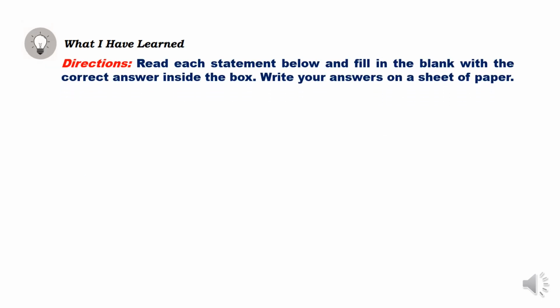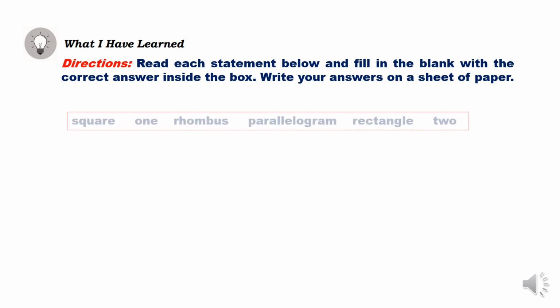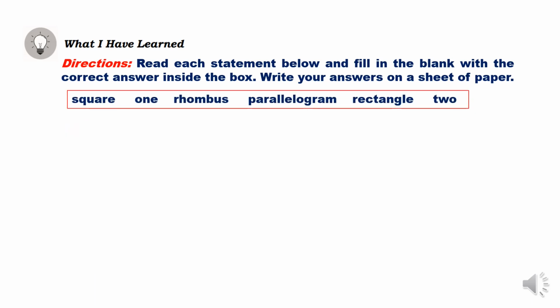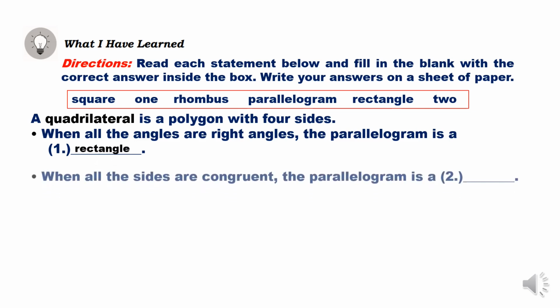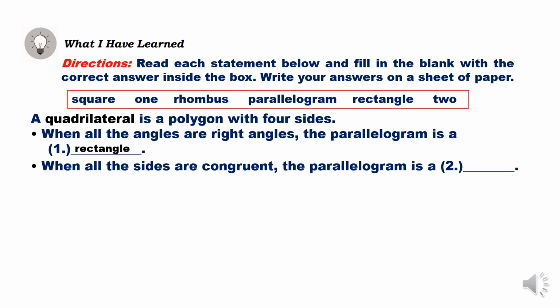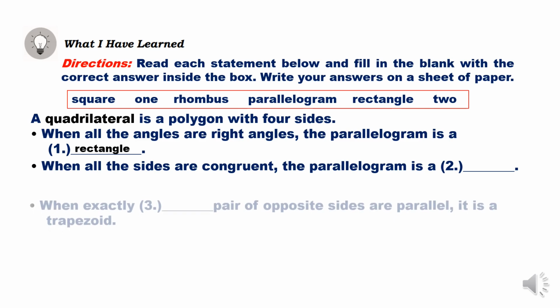Read each statement below and fill in the blank with the correct answer inside the box. Write your answers on a sheet of paper. A quadrilateral is a polygon with 4 sides. When all the angles are right angles, the parallelogram is a rectangle. When all the sides are congruent, the parallelogram is a blank.